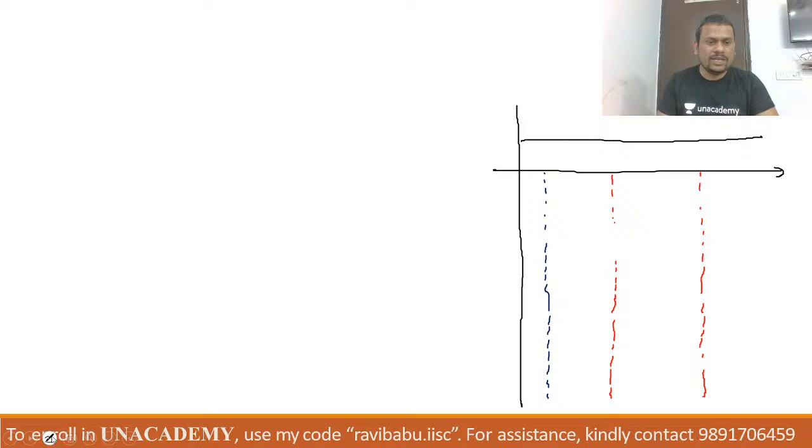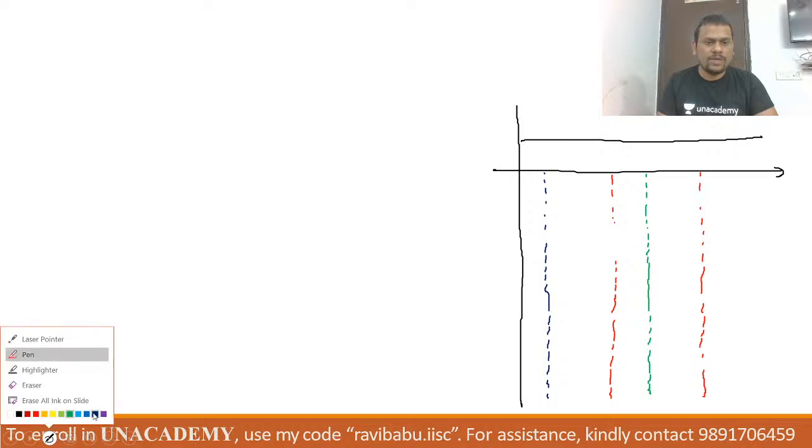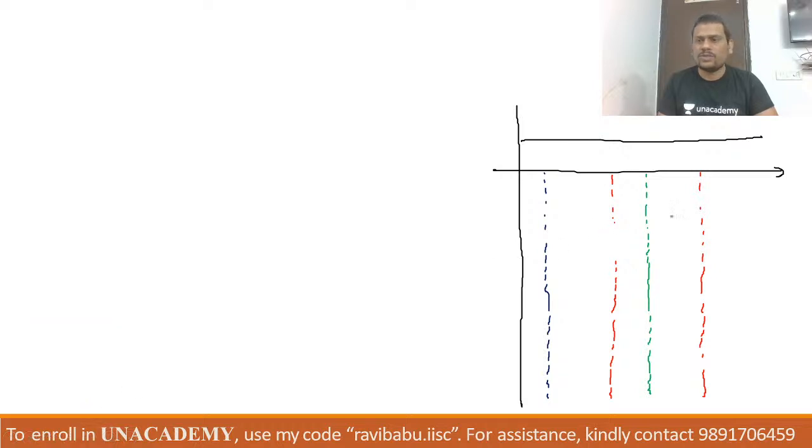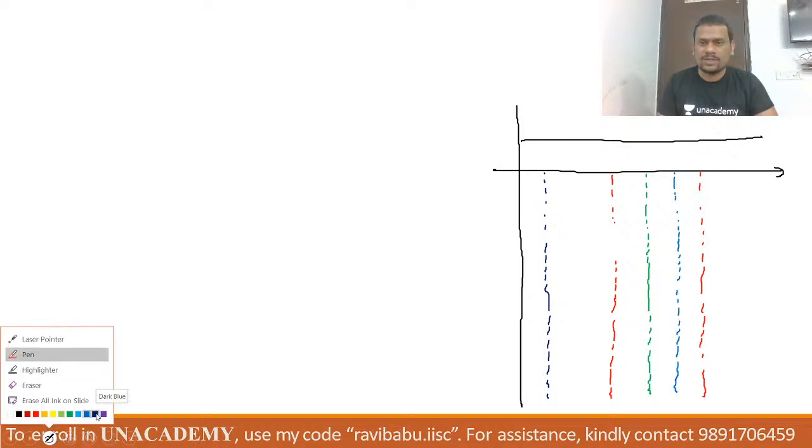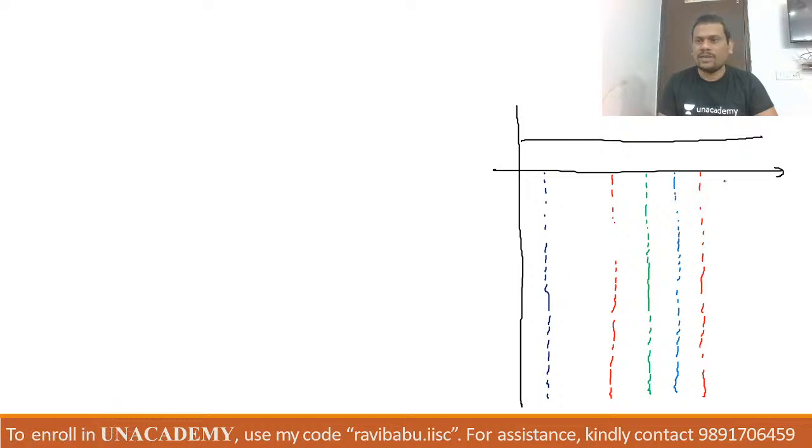Alpha 3 is 60 degrees, so 90 and 60 is somewhere here, and alpha 4 is 120 degree, so this is 120 degree. And again our cycle will repeat. So here we have 30 degree in this way.